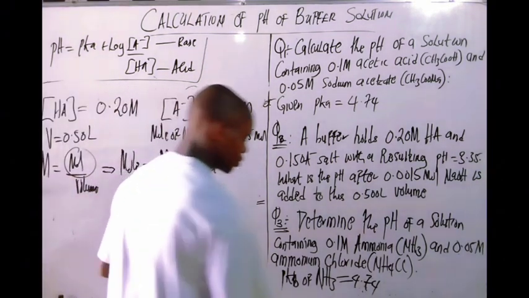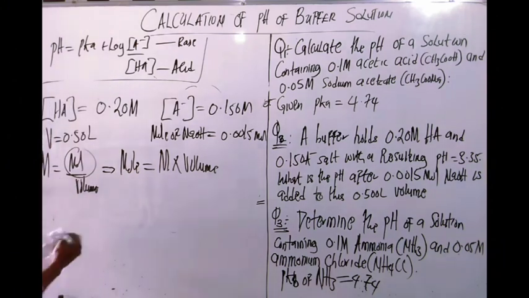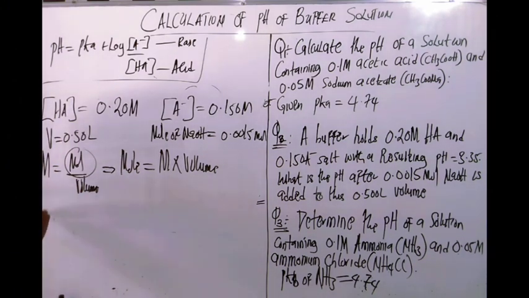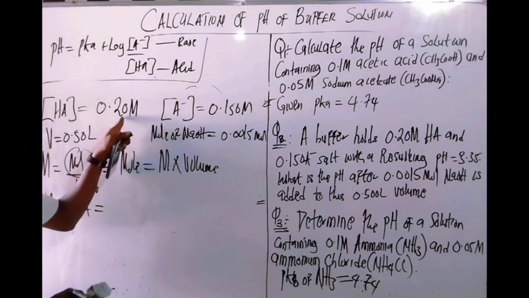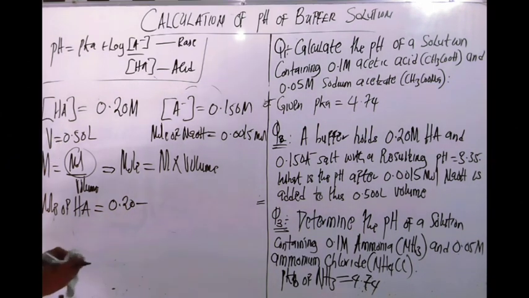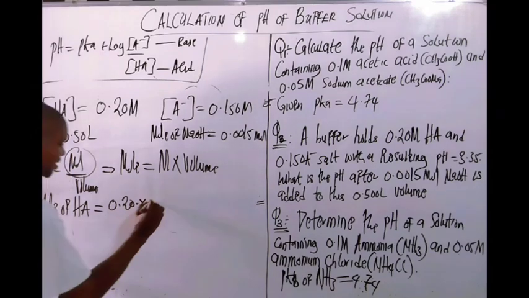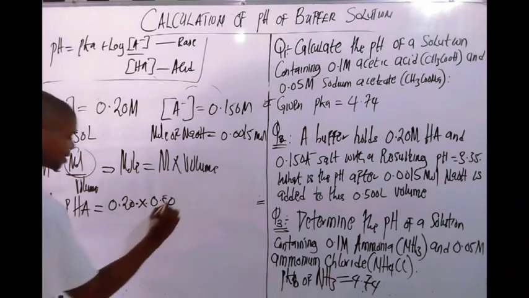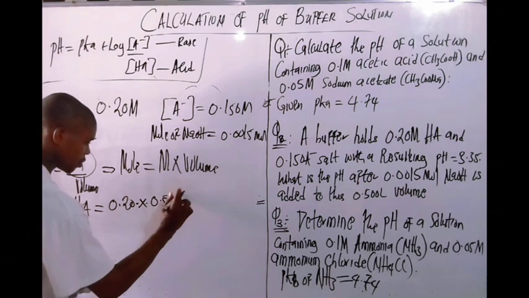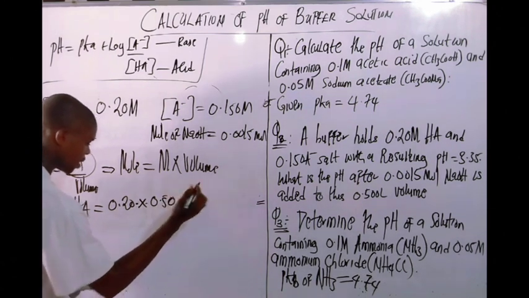So the mole of HA, which is the acid, is equal to the molarity, which is 0.20, times the volume. The volume is 0.50 liter.